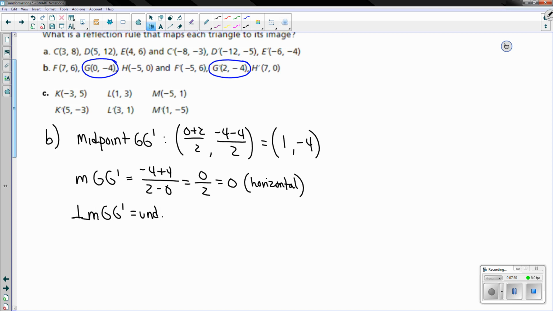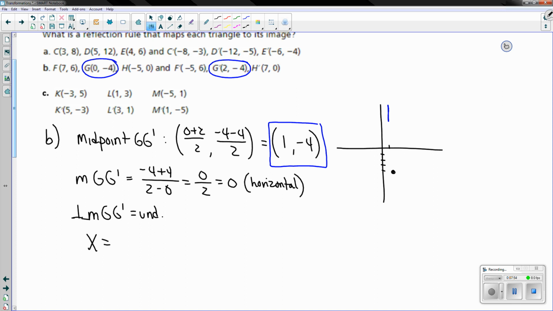So that means our line of reflection is a vertical equation, which means it's in the format x equals some number, and we know it has to pass through the point 1, negative 4. So if you can imagine, we have some vertical line that has to pass through 1, negative 4, this point.